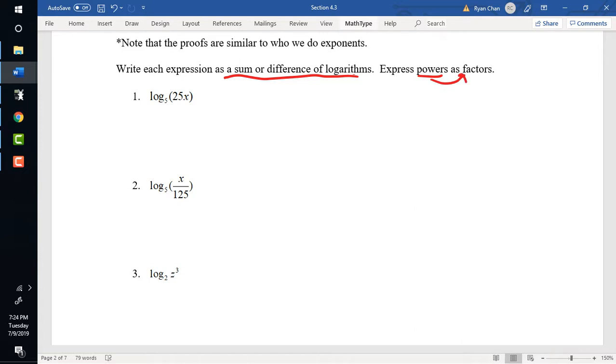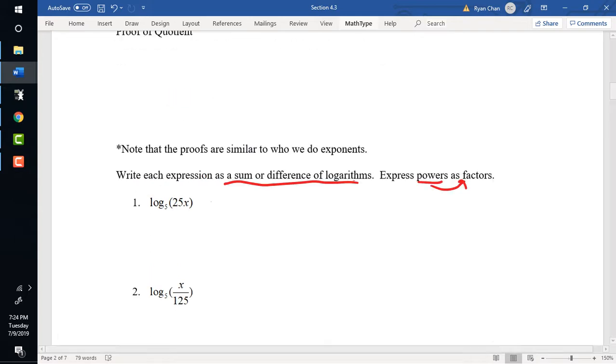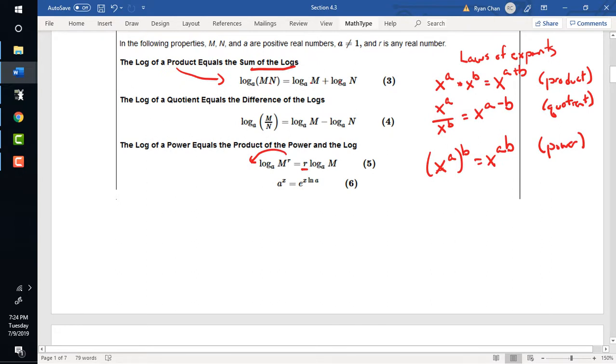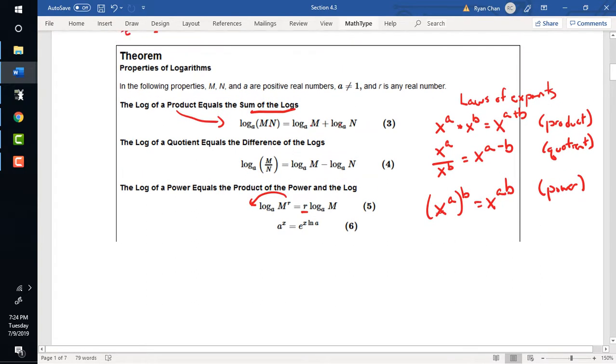Okay? So let me repeat that again. So you have one log, and then they'll ask you to break it up into addition or subtraction and express the powers as factors. So if I take log base 5 of 25x, the thing I realize is 25 is multiplied by x, and if I look back up, if I'm multiplying, that means I add them.